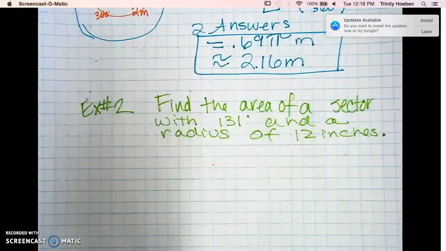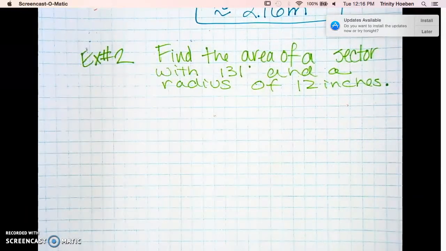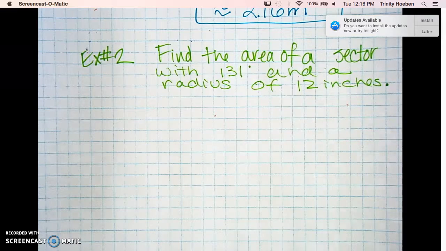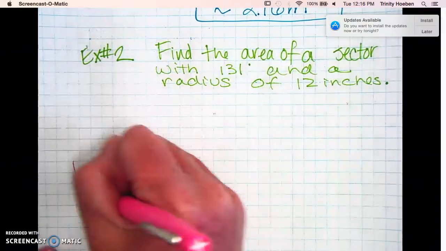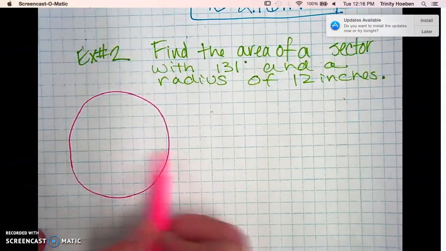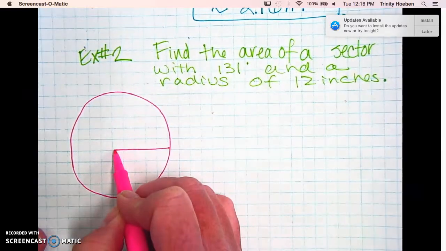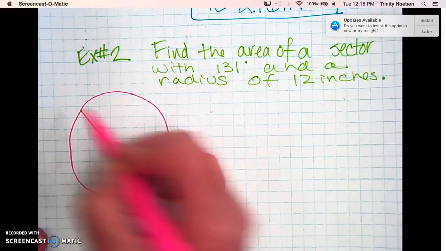Oh, can't see it. There we go. So we're going to find the area of the whole sector. It's going to have 131 degrees and a radius of 12 inches. So let's draw a full circle. Now, half of the circle would be 180. So 131 is kind of right about in there, right?